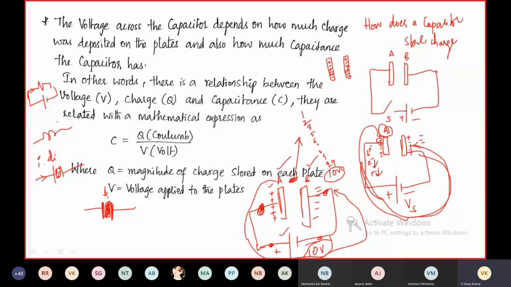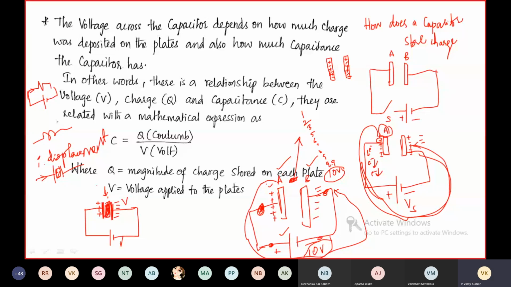When you apply voltage V across this capacitor, this plate attains more positive charge and this plate more negative charge, so the capacitor gets charged with the applied voltage, which means some current is flowing.